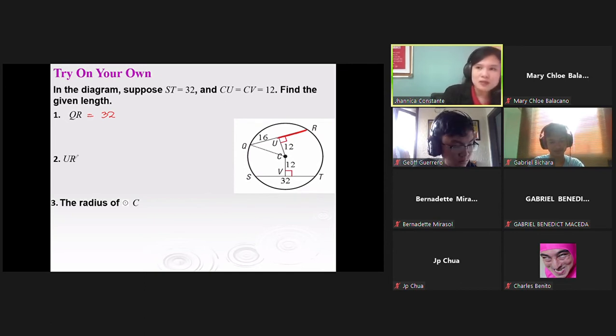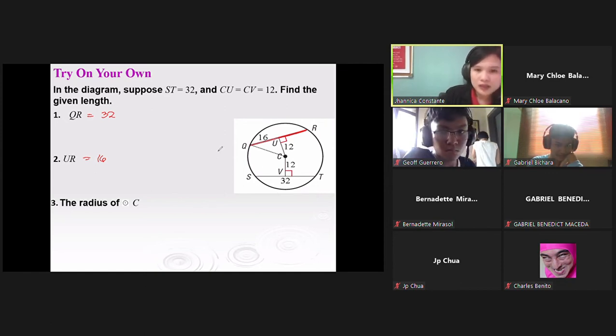So that means the measurement of the line segment UR is equal to 16 also. Since the whole measurement of our chord QR is equal to 32, and half the chord is equal to 16.